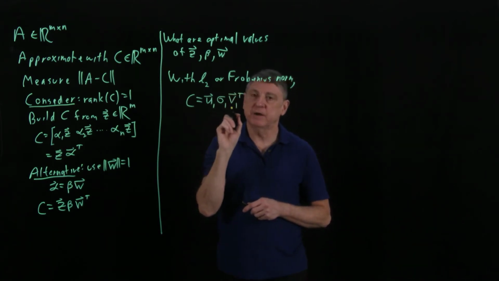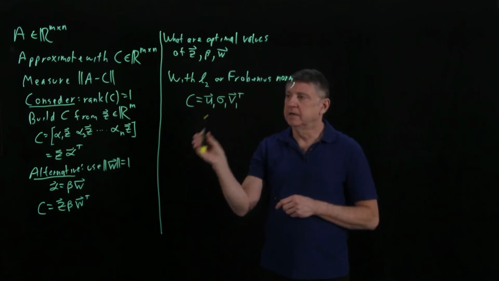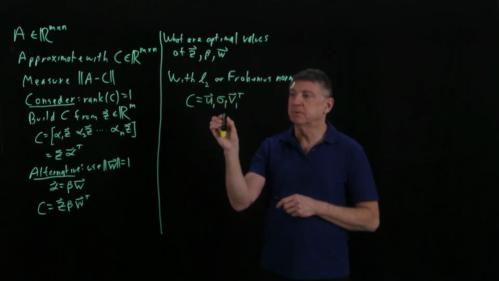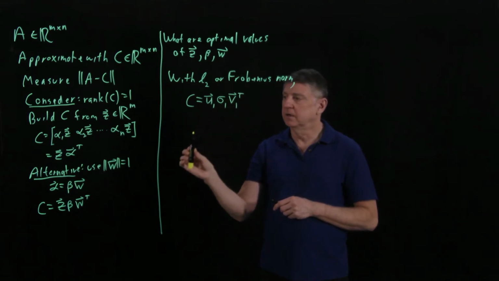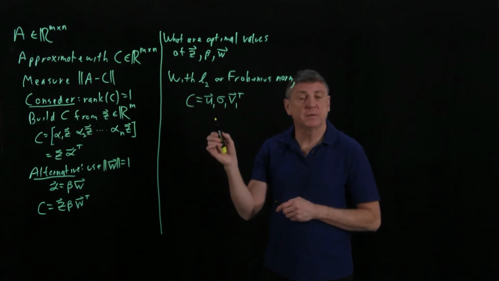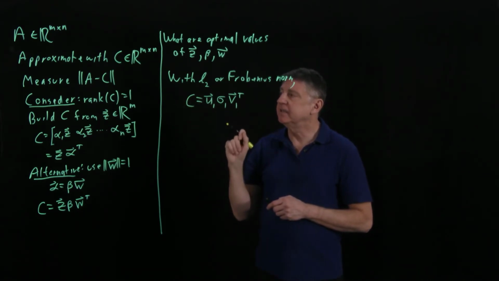And this is a rank 1 matrix because the first column is U1 times sigma 1 times V11 times V1, etc. So this is a rank 1 matrix, and it turns out that that is the optimum.